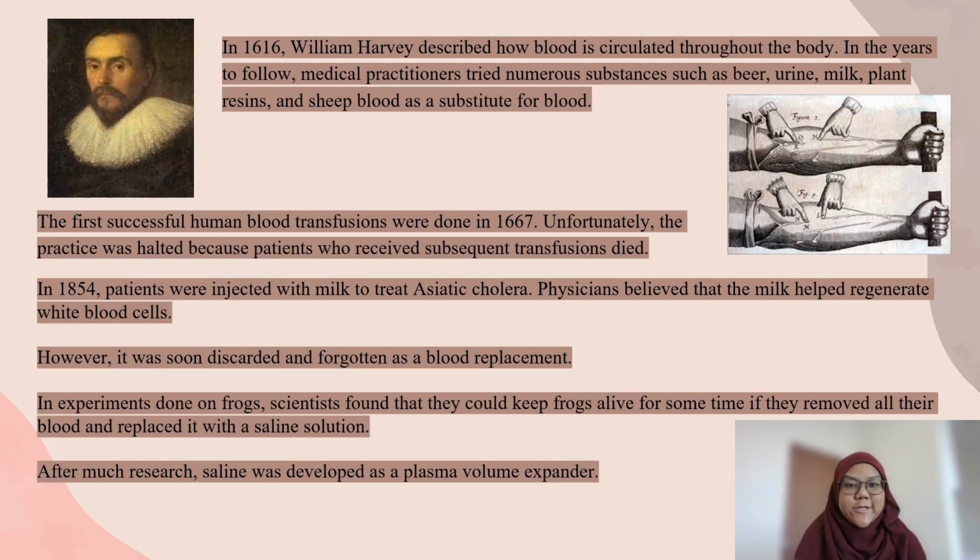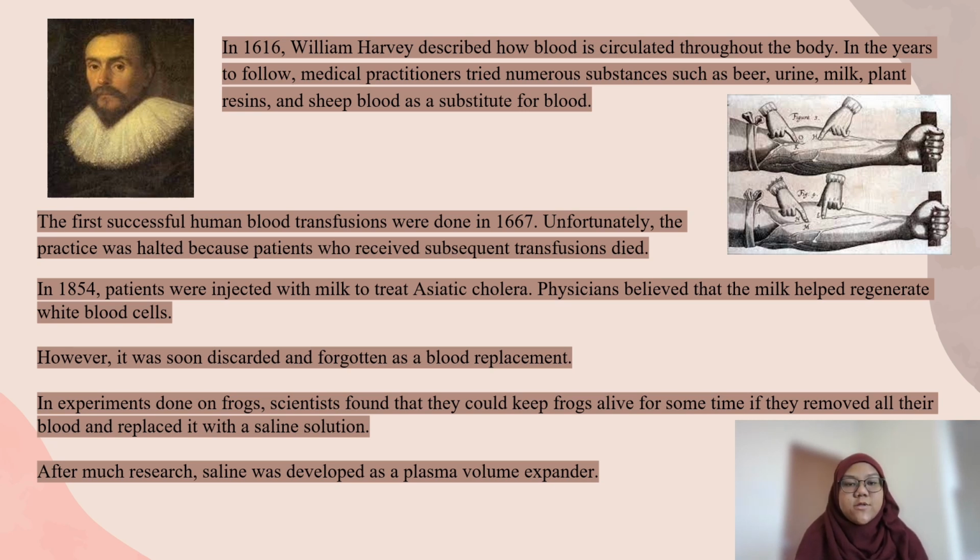In 1616, William Harvey described how blood is circulated throughout the body. In the years to follow, medical practitioners tried numerous substances such as beer, urine, milk, plant resins, and sheep blood as a substitute for blood. The first successful human blood transfusion was done in 1667.